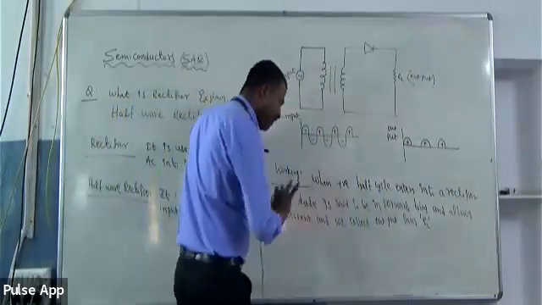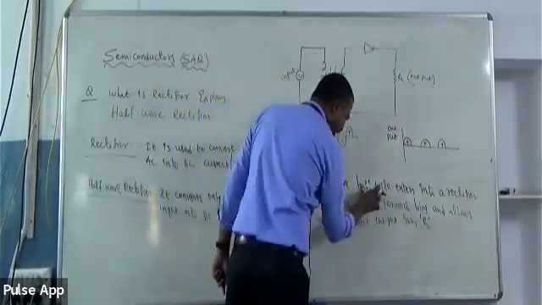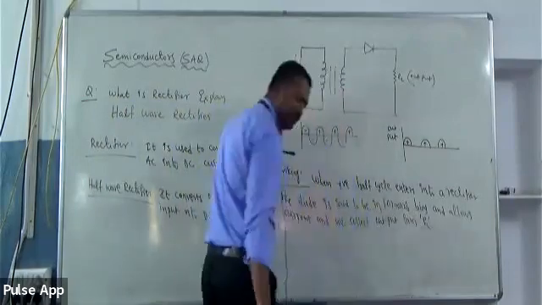Next, everything is the same. The only thing is here it is the negative half cycle and it becomes reverse bias. That's it.